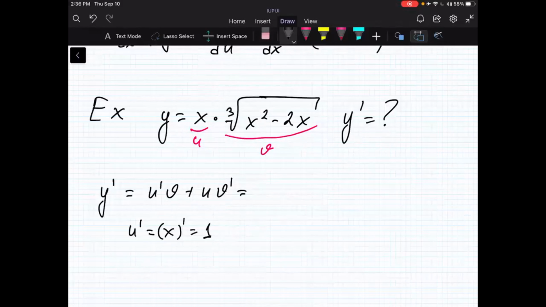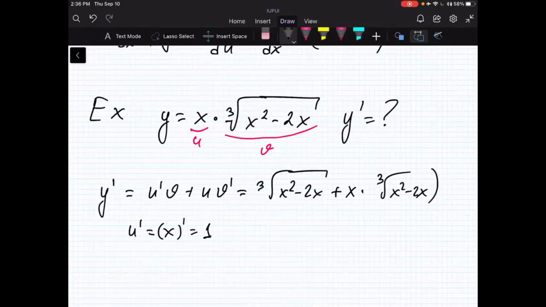So I get third root of x squared minus 2x plus u, which is x, times the derivative of this third root. And what remains is to calculate the derivative of this third root.